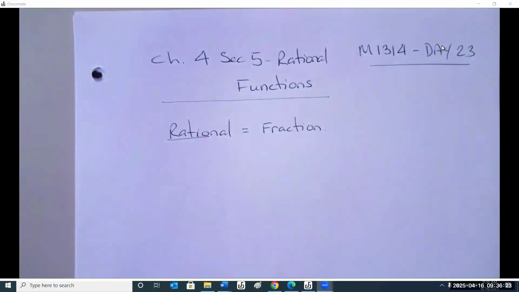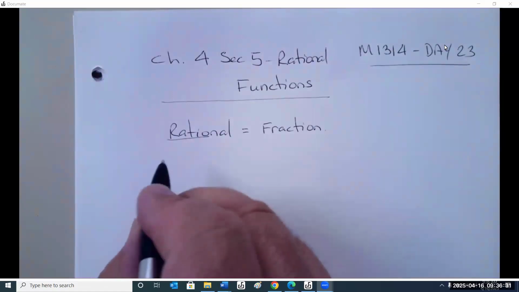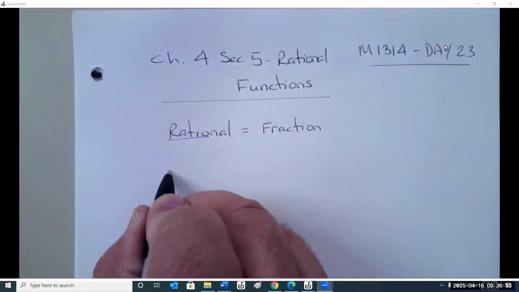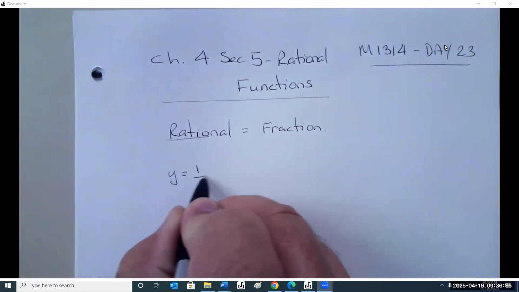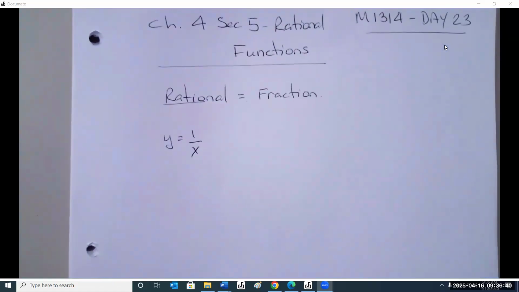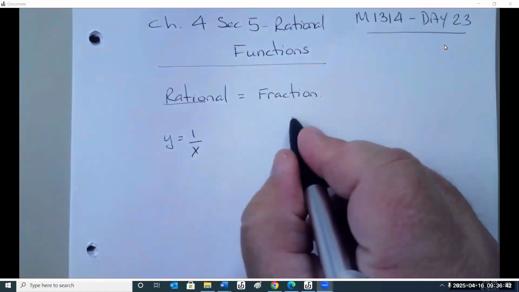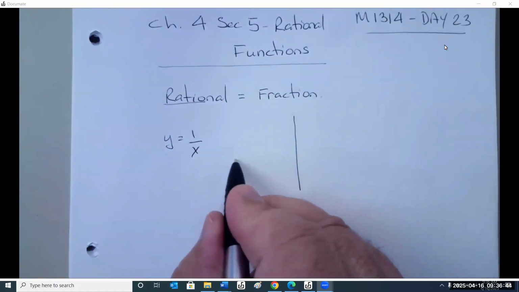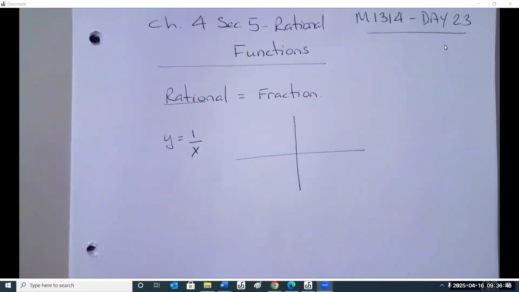Now we're going to look at fractions. We've looked at them already. We had one of them when we dealt with the library of functions. What does this graph look like?